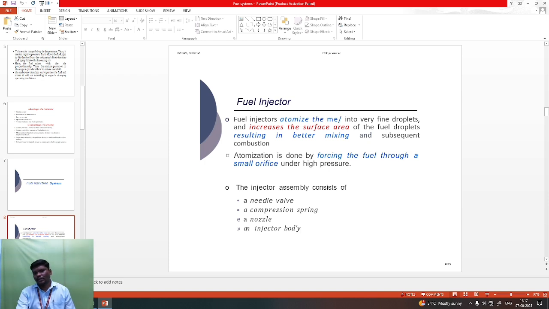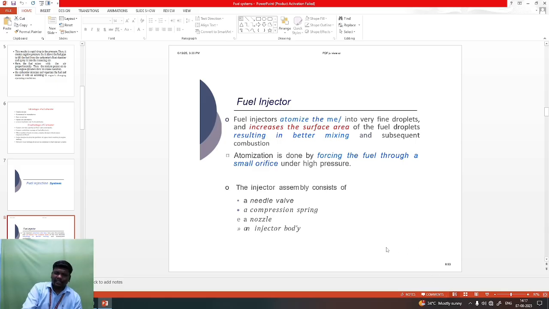Next, atomization is done by forcing the fuel through a small orifice under high pressure, because atomization is the mixing of different particles. We give high pressure to atomize the fuel.